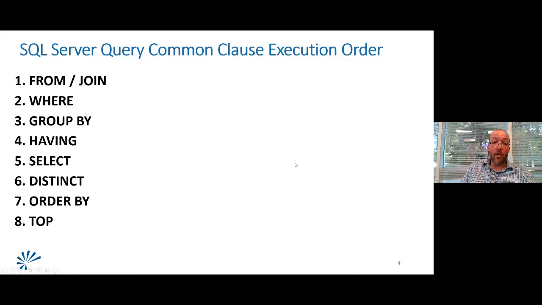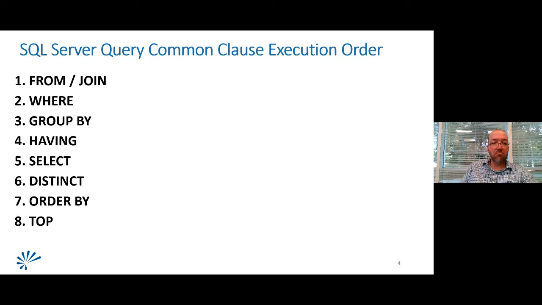So if we take a query, these are at least the most common 8 steps that it does in order. If you look online, there are more exhaustive lists, but just for the sake of this conversation today, we're going to keep it simple and look at some of the more common SQL clauses here.